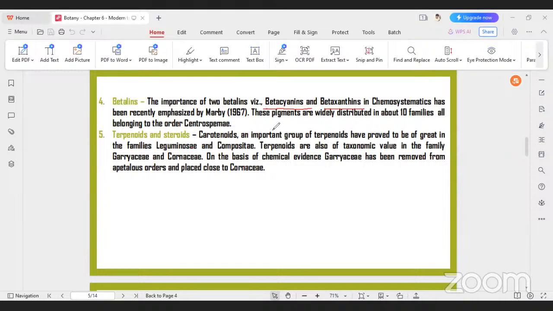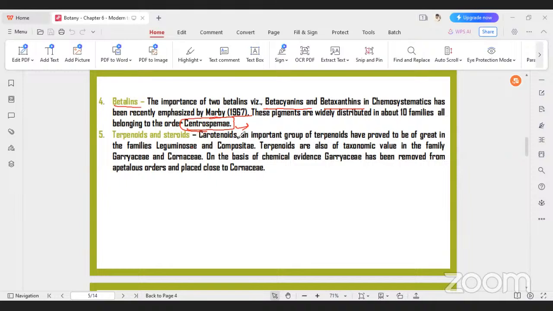These chemosystematic markers have recently been emphasized by Mabry. These pigments are widely distributed in about 10 families, all belonging to the order Centrospermae. So the plants of the order Centrospermae mainly contain betalains.